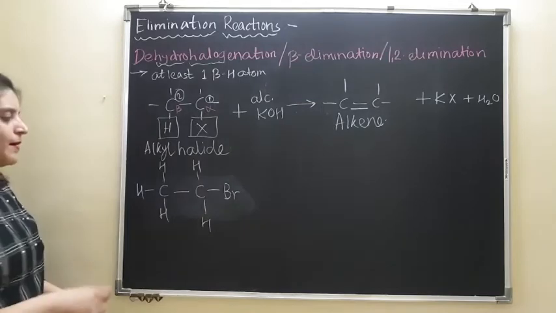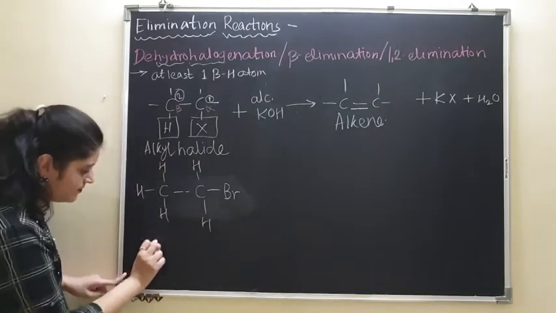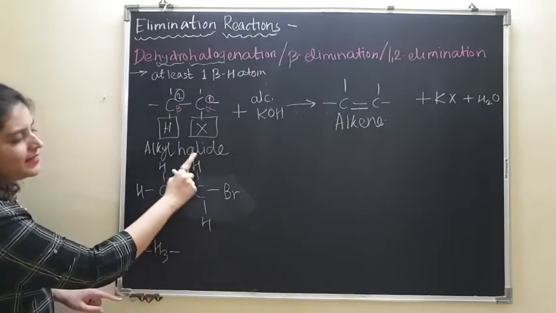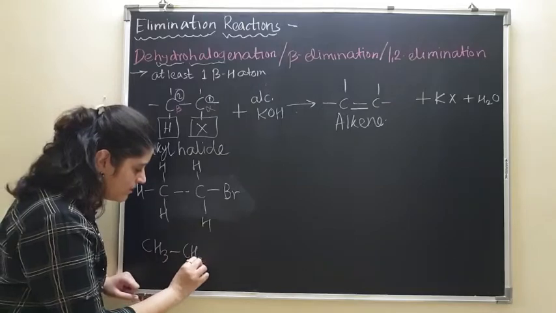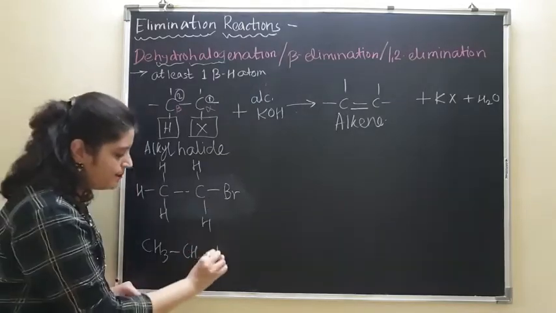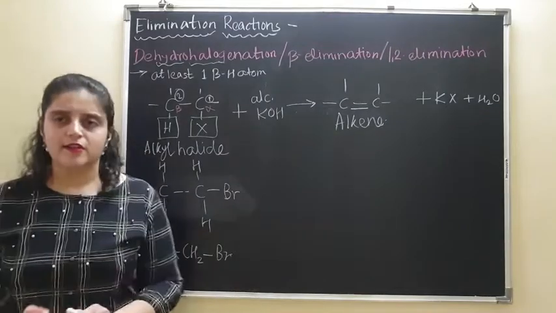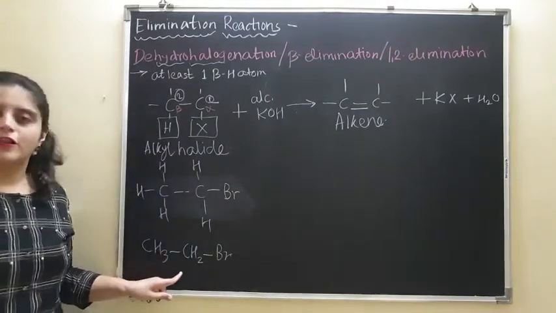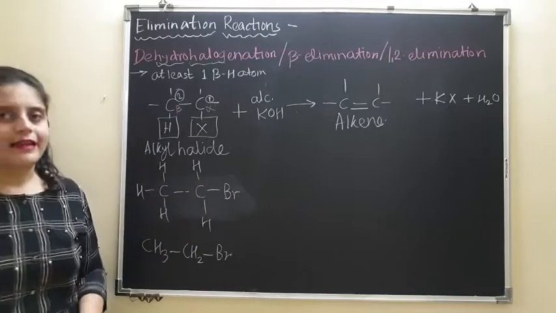which is nothing but this part over here is CH3. Then this part is CH2, single bond Br. So you can write either of the structures. If you are confident enough, go for the condensed formula. If you are not, then write down the structure like this.